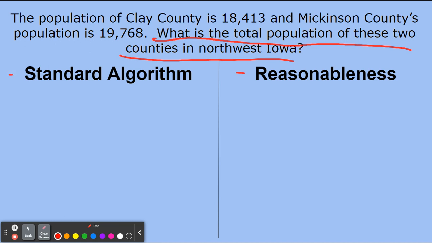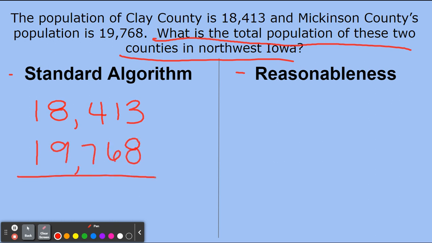And our job today, if we go back to our goals, was number one, adding and doing that correctly, making sure that we're adding correctly with the standard algorithm, but also that we're checking the reasonableness to make sure our answer makes sense. So we're going to check that first. So if I'm going to write them over here, 18,413 and 19,768.